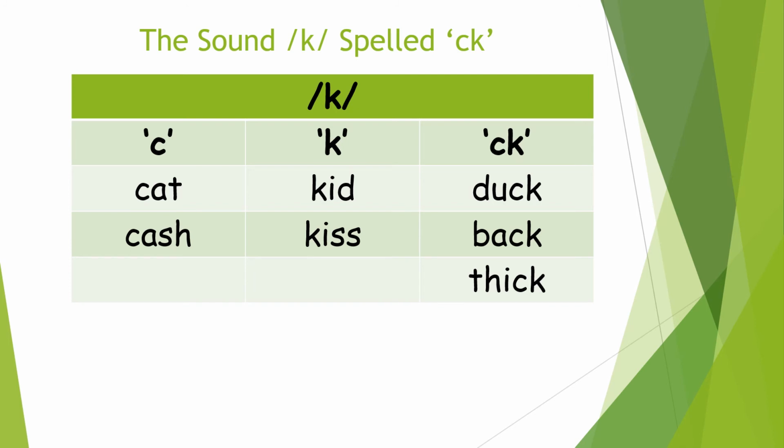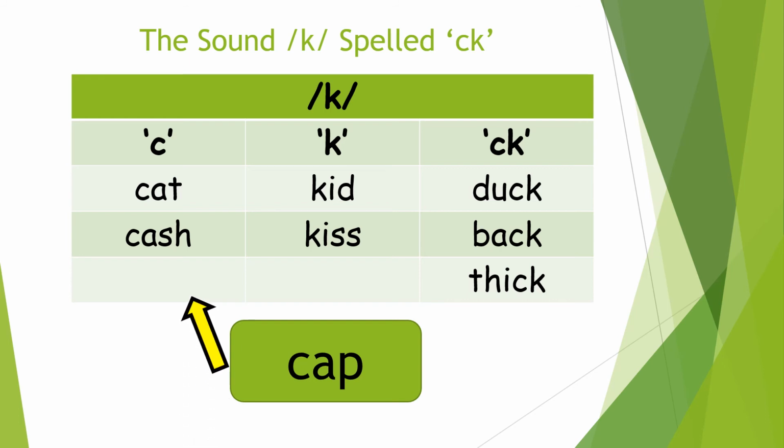Let's do another. Read this word. This word is cap. Where does cap belong in our chart? Notice cap begins with the letter C, so cap belongs in the C column.